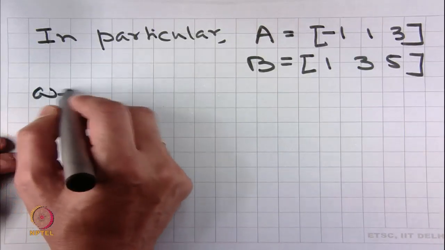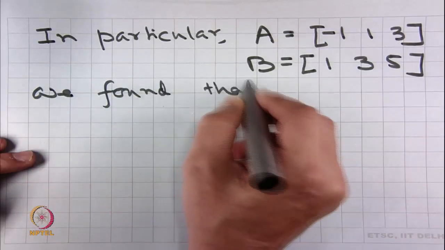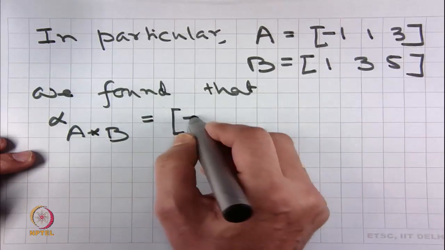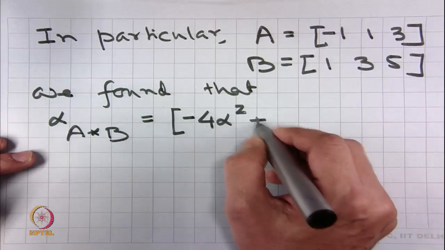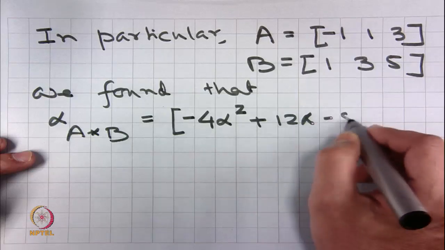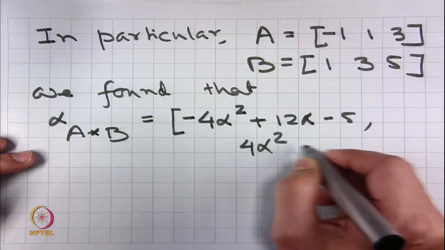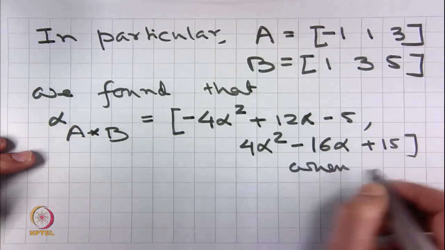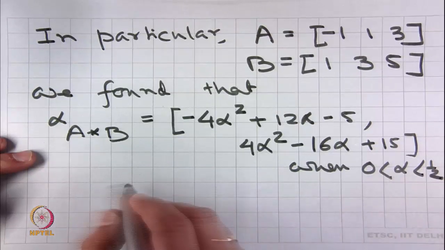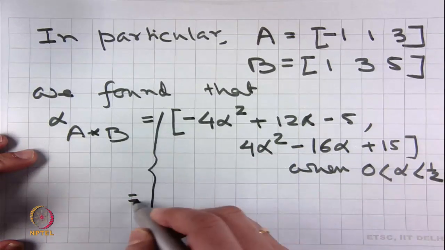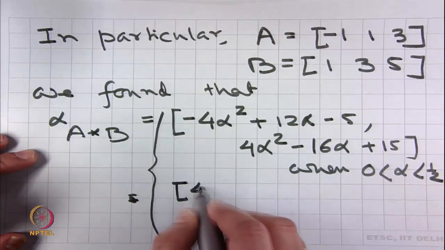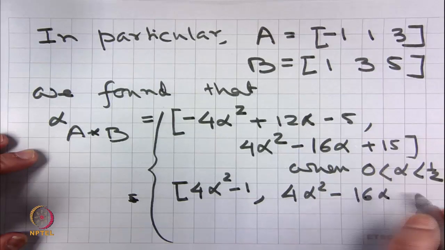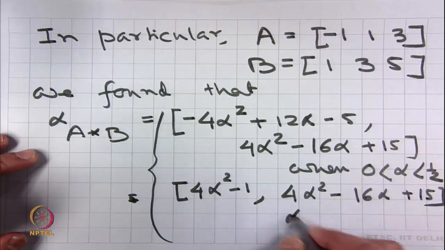we found that the alpha cut of A star B is equal to the interval -4 alpha square plus 12 alpha - 5 to 4 alpha square - 16 alpha plus 15 when 0 less than alpha less than half, and this is equal to, so I can write it in a bracket, 4 alpha square minus 1 to 4 alpha square minus 16 alpha plus 15 for alpha greater than or equal to half.